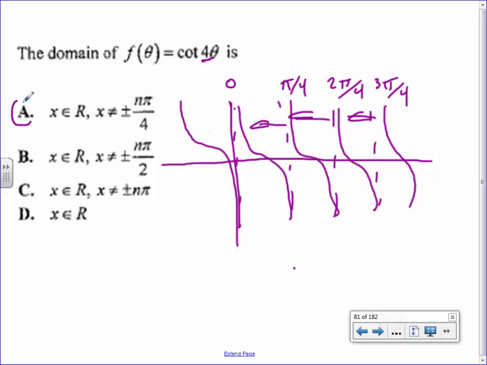A. Because A basically says you can have any number you want, but you cannot have any increment of pi over 4 in the positive or negative direction. Right? That's kind of how this notation works. 1 pi over 4 doesn't work. 2 pi over 4 doesn't work. 3 pi over 4 doesn't work. Negative pi over 4 doesn't work. 0 pi over 4, which is 0, doesn't work. Make sense?